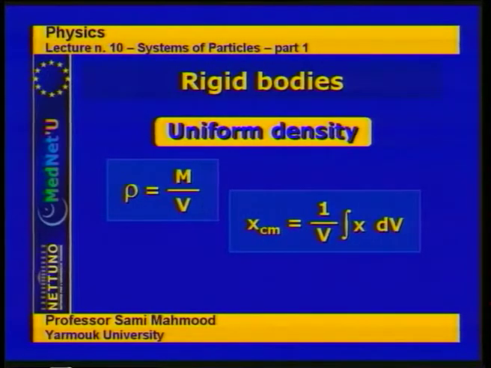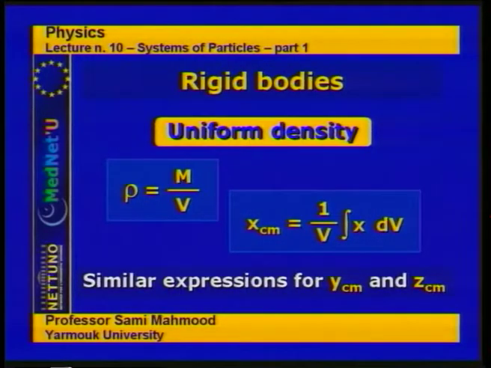And then we will have x center of mass is given by 1 over the total volume of the object times the integral of the x coordinate of the position of a particle in the object times dV, and dV is the element of volume around the position of that particle. So x center of mass is given by 1 over V times the integral of x dV.